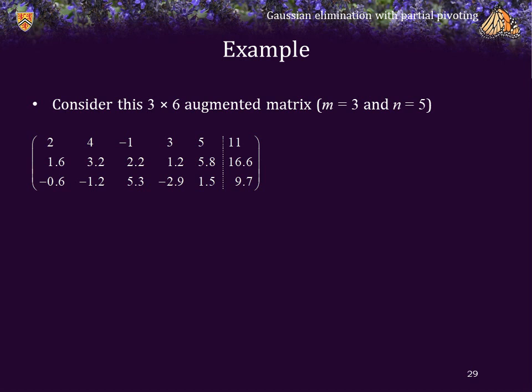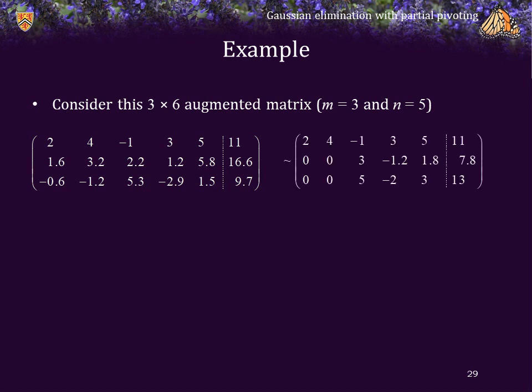Therefore, we will proceed by first adding negative 0.8 times row 1 onto row 2, and adding 0.3 times row 1 onto row 3. This eliminates all the leading non-zero entries below 2 in column 1.